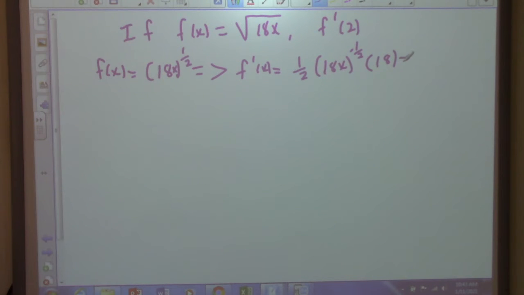And so that's going to be equal to 18 over 2 times square root of 18x.